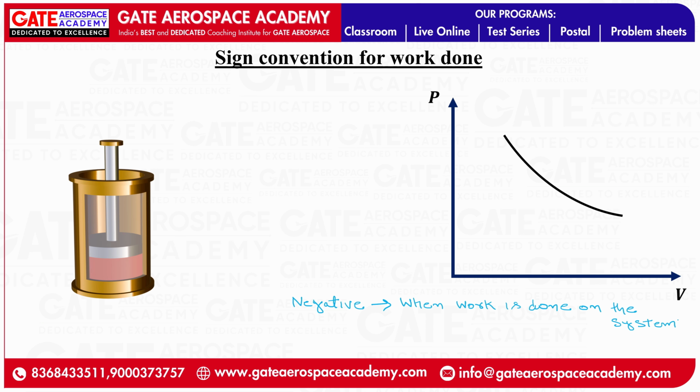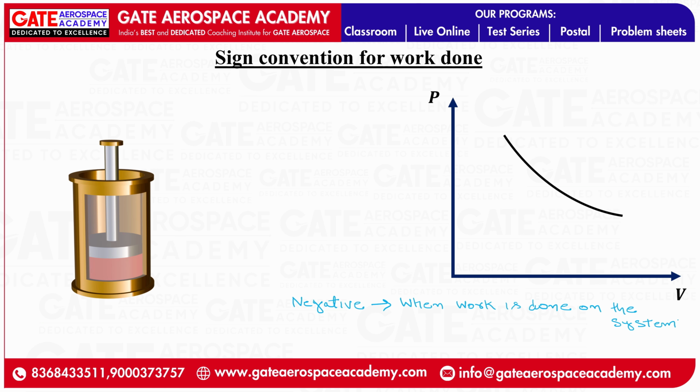Correct? So when system is working, that will be positive. When we are working on the system, when work is done on the system, that will be negative, right? Sign convention is clear. We have to use this sign convention throughout the course.